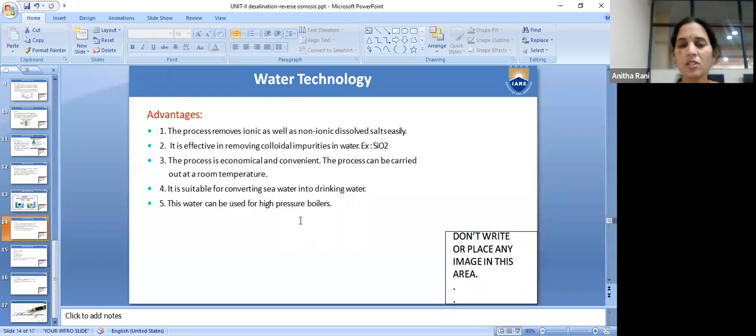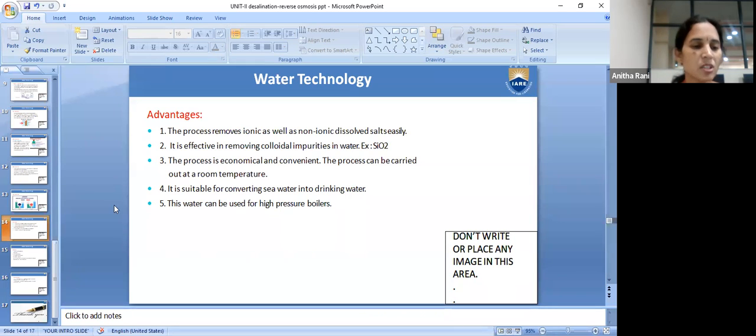So these are the advantages: we can remove colloidal impurities, we can remove ionic or non-ionic dissolved salts, and this process can be carried out at room temperature. It is economical and convenient, and from seawater we get pure water, which we can use for drinking and industrial purposes.